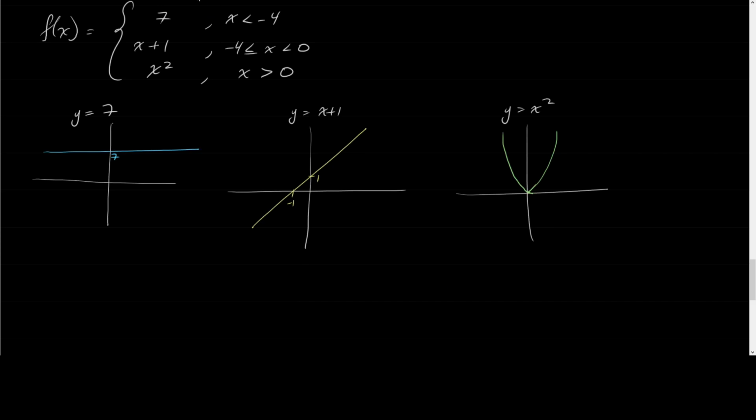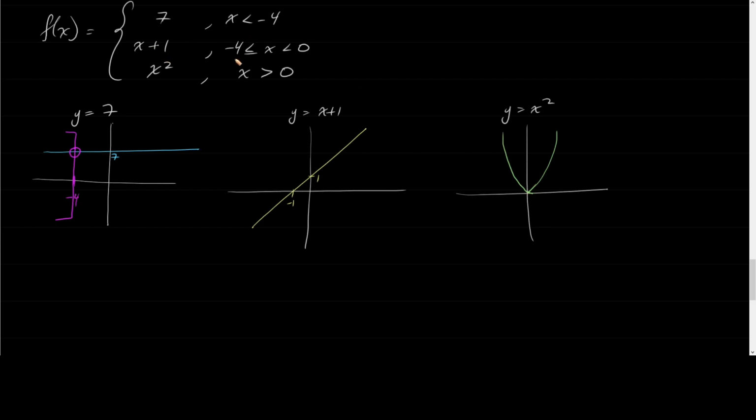For example, in the first one, we care about everything that's less than negative 4. So if here's negative 4, we care about everything that way, but not including negative 4. So at negative 4, we're not going to take that point.